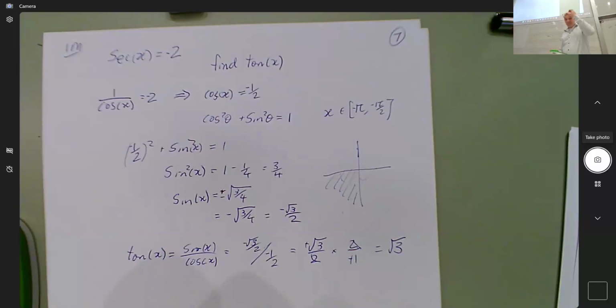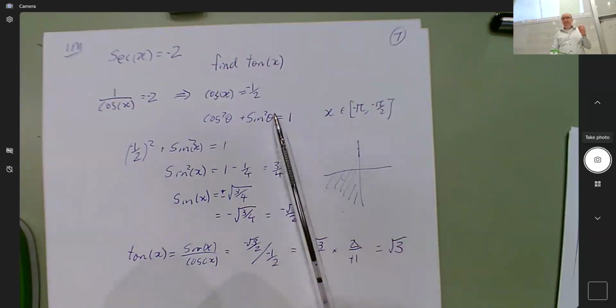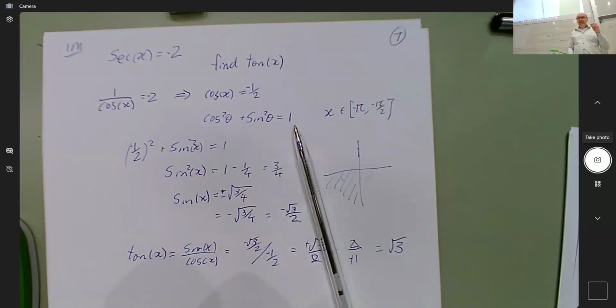So there are trig identities that are going to make my life easy. Lots and lots of trig identities. There are so many trig identities that it can be almost impossible to work out what you need to remember. This one, the cos squared plus sine squared circle identity, because it's literally describing the unit circle, that is a must.